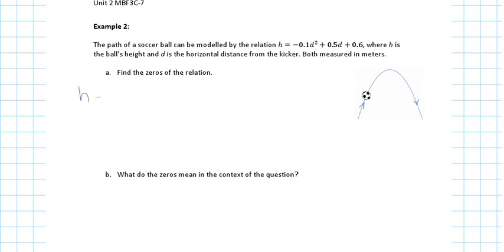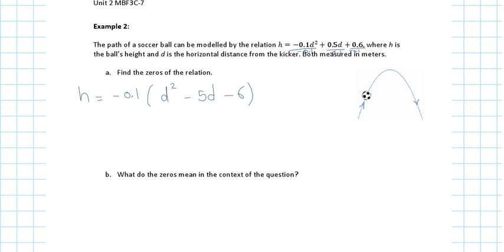What do I do when I'm factoring? Greatest common factor. What would it be? Negative 0.1. So I'm going to divide everything by negative 0.1. If I divide everything by negative 0.1, what do I get? d squared, negative 5d, negative 6.